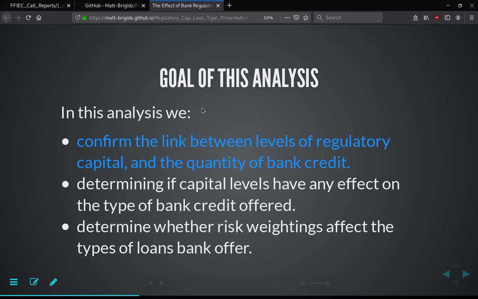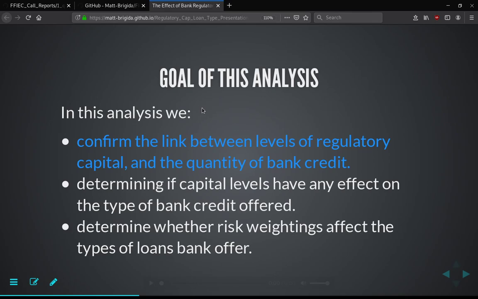The other reason why it's not clear that this relationship would be positive is that bank capital is costly. So what might happen is if we say you have to hold a higher level of capital against your loans, a bank might say, well, shoot, I'll just have fewer loans instead of raising more additional costly capital. So while my hypothesis is this relationship will be positive, it's not clear.